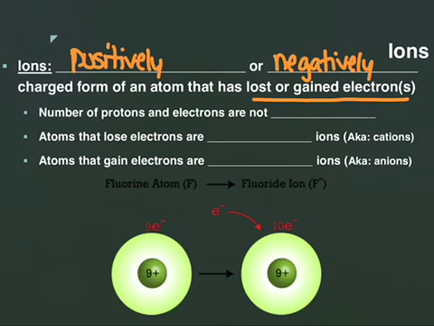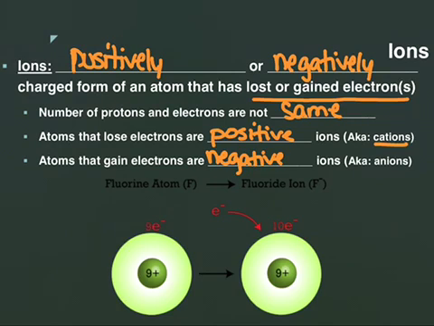The number of protons and electrons in an ion are not the same. An atom that loses electrons are positive ions, and we refer to those as cations. And those atoms that gain electrons are negative ions, and we call those anions.